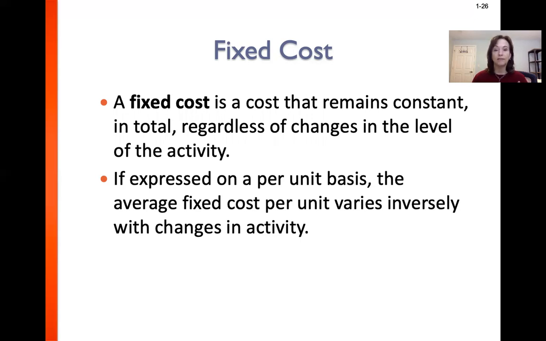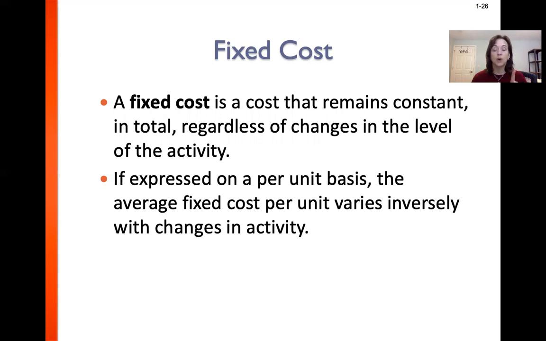Now if we look at that fixed rent cost per unit. If we sold one pizza and our rent is $1,000, that one pizza had $1,000 of rent attached to it. If I sell 1,000 pizzas, I'm now trying to figure out what the rent cost is per pizza. My rent was $1,000, I sold 1,000 pizzas, 1,000 divided by 1,000.